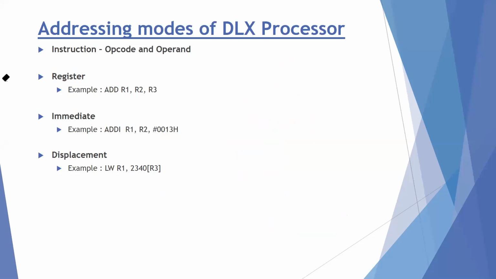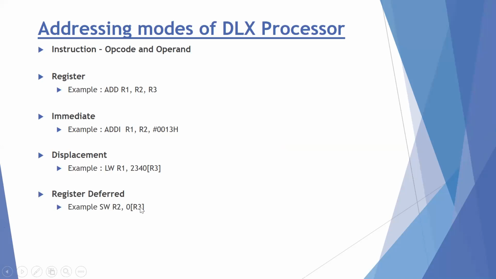Okay. So moving on, the next type of addressing mode is just a variation of the displacement addressing mode only. If you just see here, I have taken an example of store word. This says store word from R2 to a memory location which is identified as 0 plus R3.